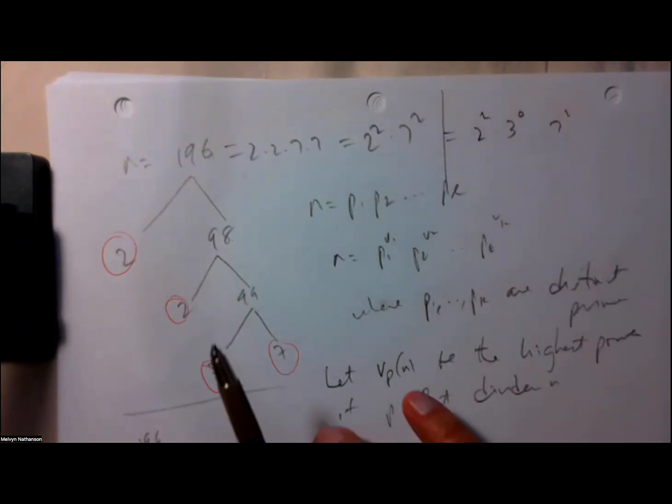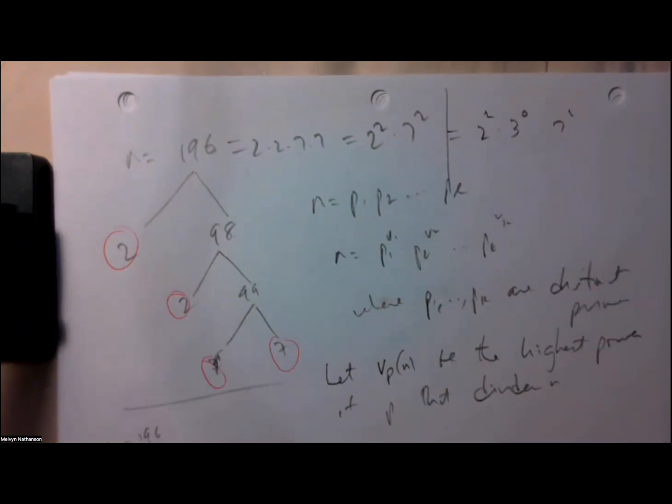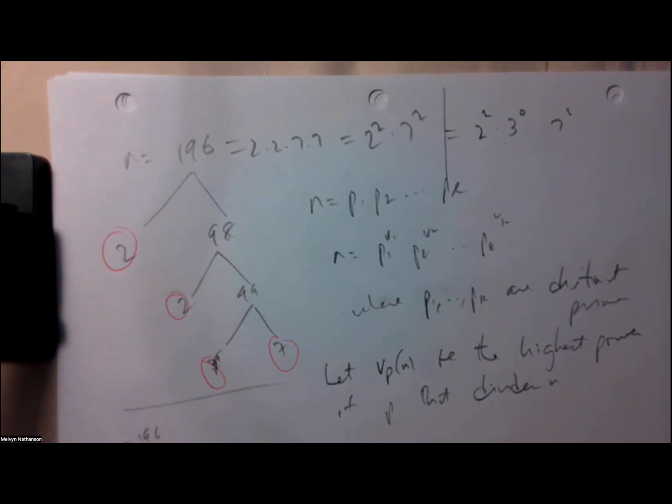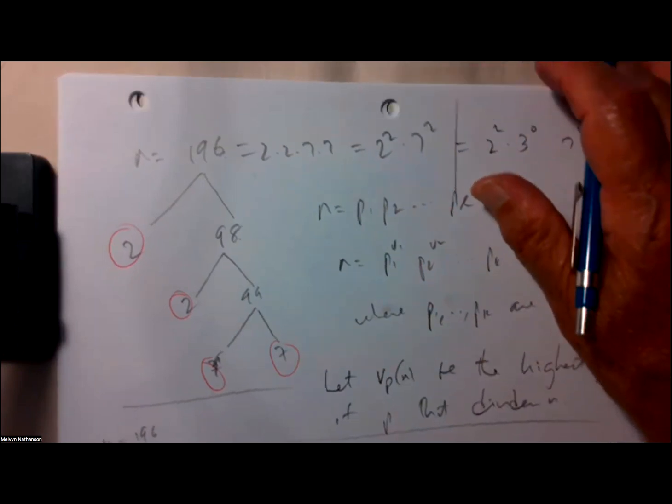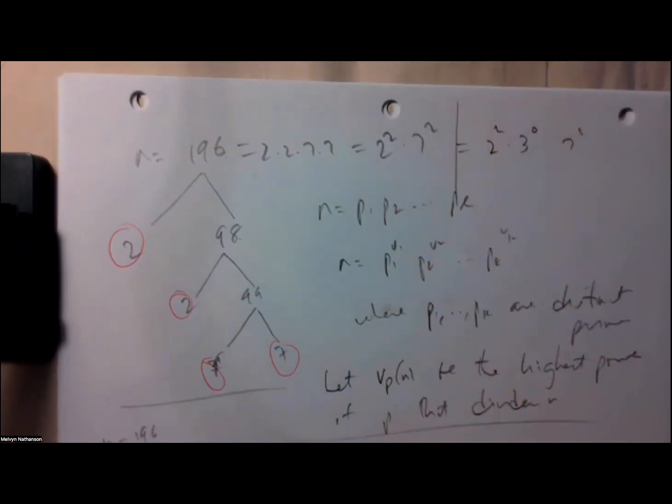That is, this number is not divisible by 3. So the highest power of 3 that divides n is the 0th power. And similarly, v sub 5 of 196 is also 0. That's just another way of saying that the prime 5 does not divide 196. Any questions about any of this?